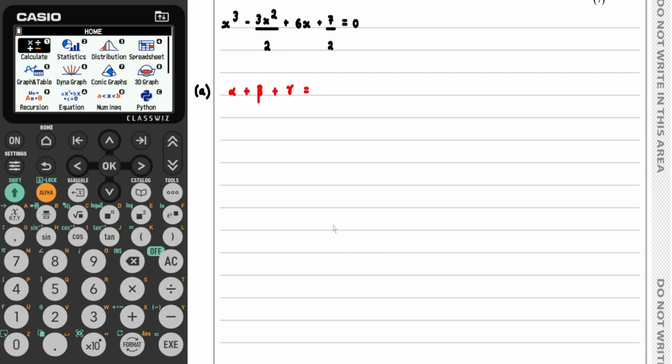And so for part A, alpha plus beta plus gamma will equal negative negative 3 over 2, which is 3 over 2. Alpha beta plus alpha gamma plus beta gamma is equal to 6, and alpha beta gamma is equal to negative 7 over 2.